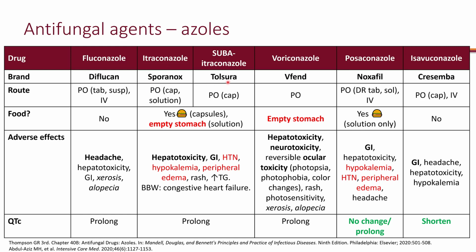In general, this is the older formulation, because there is a new formulation called SUBA-itraconazole, and SUBA essentially means supra bioavailable, so they increase the bioavailability in this formulation. So this one is relatively new and therefore more expensive. The more affordable one is the older formulation, which had limited bioavailability.